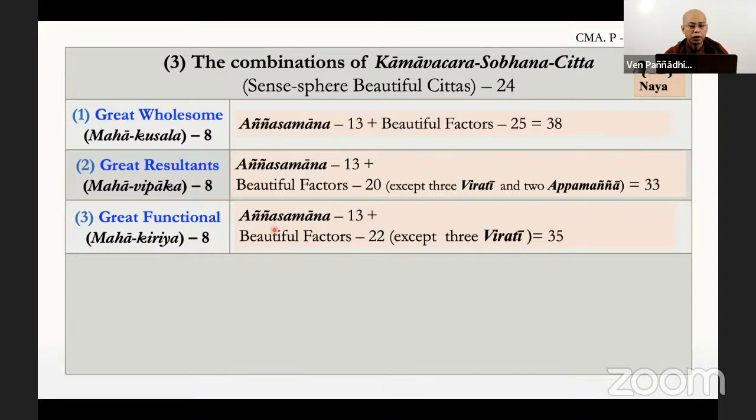So for the Arahat, it is not necessary for the Virati nature to arise. That's why Virati becomes an exception, and it becomes 35. These are at most.